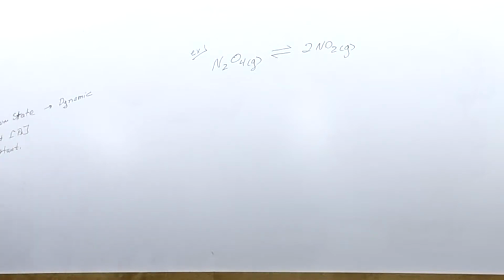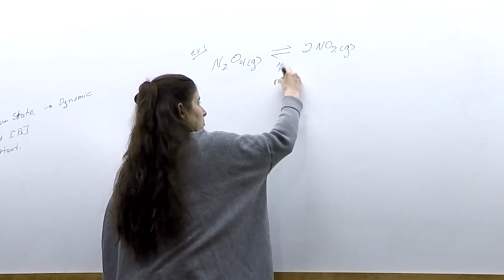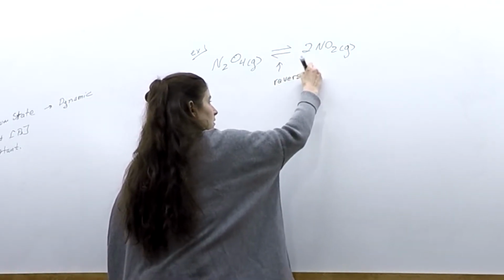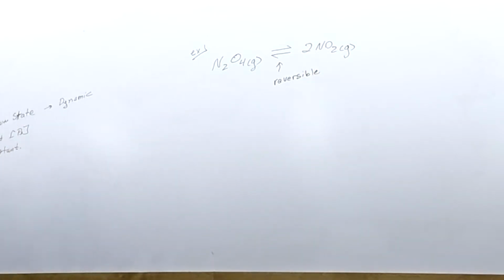So one-sided arrows, one pointing towards the products, one pointing back to the reactants. That is a key that tells you that this is a reversible reaction. All right? This one will reach equilibrium.